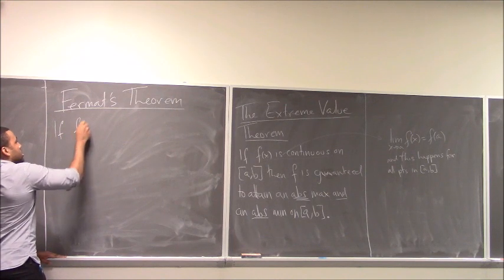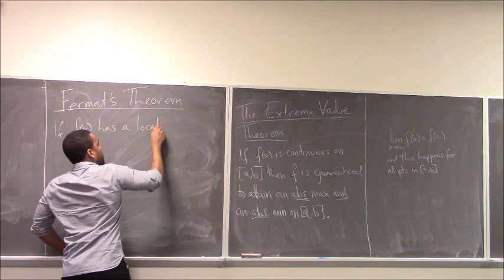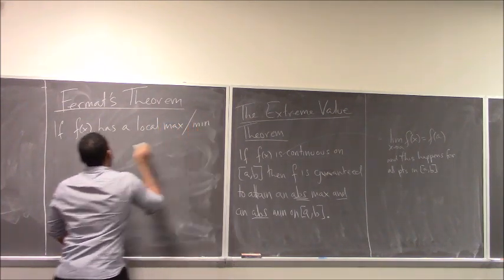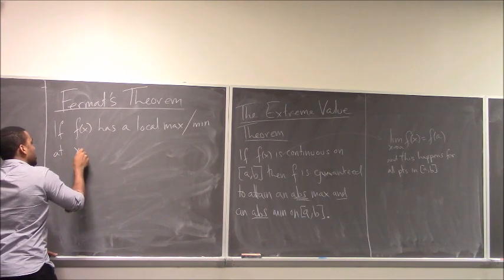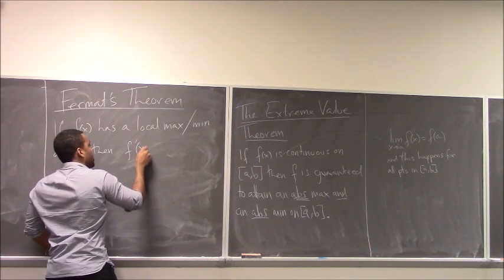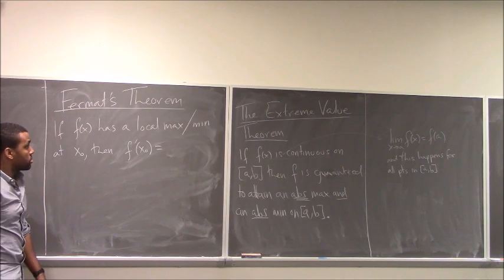If f of x has a local max or min at x naught, then it turns out that f prime, the derivative evaluated at that point, will be what?